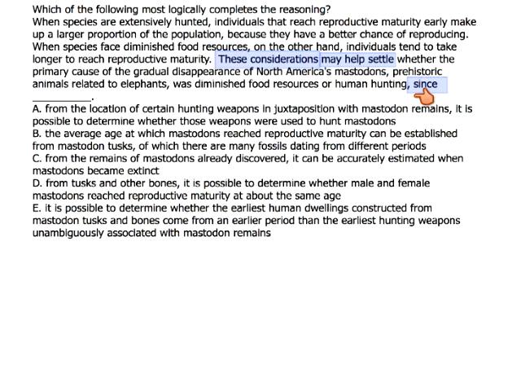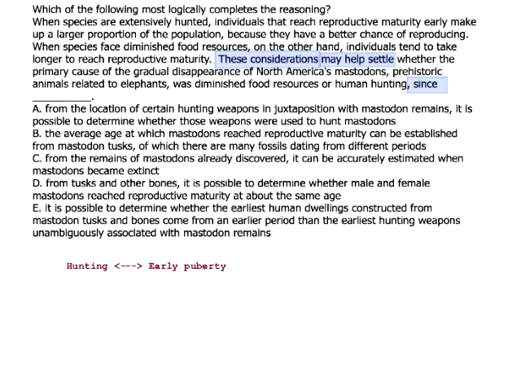So what do the facts say? Well, when there is hunting, I mean reproductive maturity, let's call that puberty. So when you hunt an animal, you're going to see it hitting puberty earlier for whatever reason. The because isn't really going to matter, because it's not going to have to do with using the evidence to evaluate stuff. So they say hunting goes hand in hand with early puberty. Then what they say is lack of food, like famine.